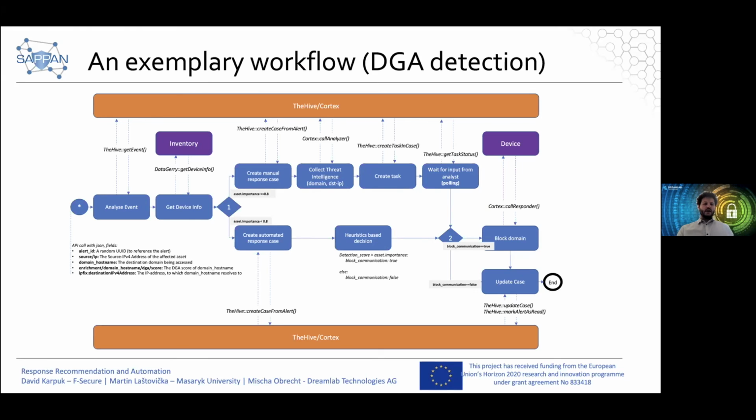If so, we go up and perform a number of tasks that involve collecting more threat intelligence, and then finally asking an analyst what to do. If the criticality of an asset is low, we go below, and then we follow an automatic branch in this whole workflow where everything is finished automatically.